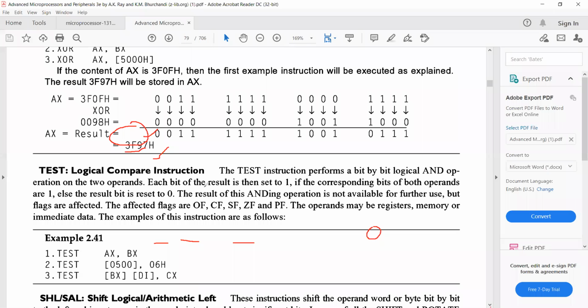Each and every bit will have the AND operation performed, but the result of the AND operation is not utilized.